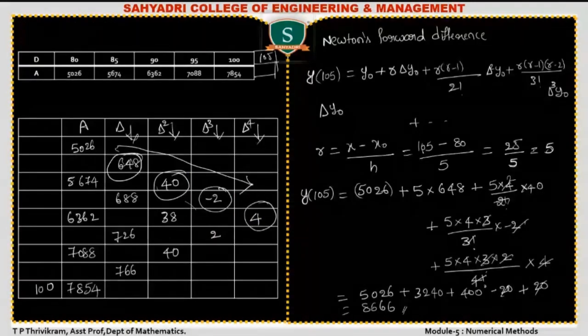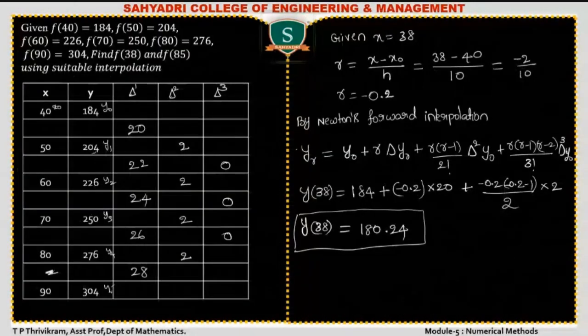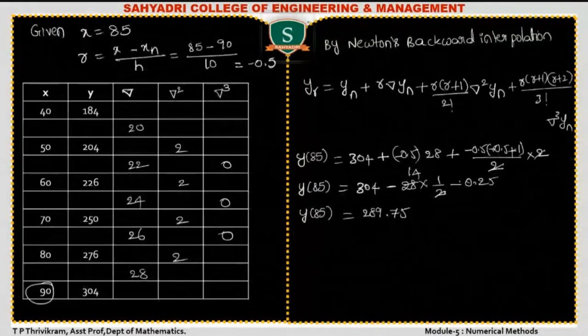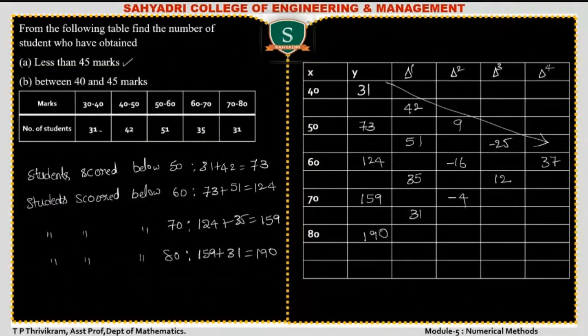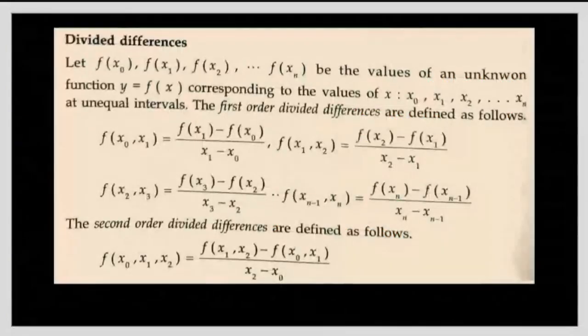That means if you don't find any common difference, what do we need to do? There you'll get the answer: we have divided differences. So for random data, we can make use of divided differences. Let us see what these divided differences are.